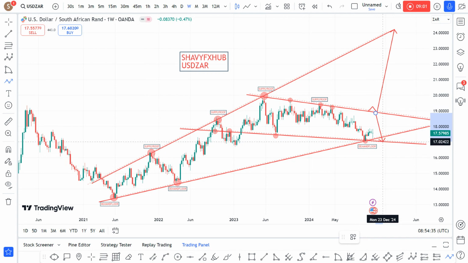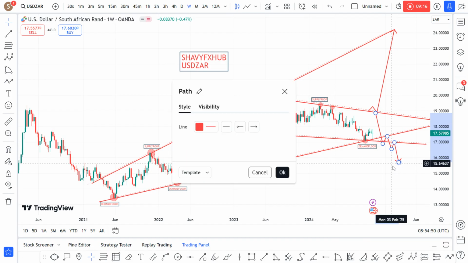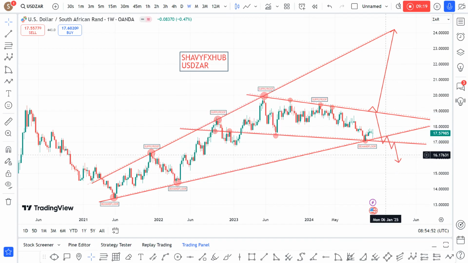And if it comes down this time, it will break a demand floor, meaning the South African economy is setting itself on a stronger footing to crush US dollars. I don't see this possible. It is completely impossible. But nothing is impossible in the financial times.